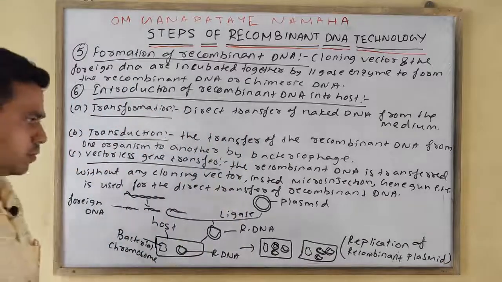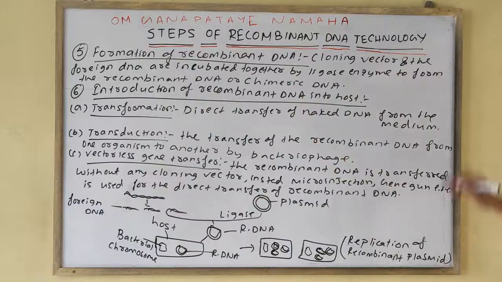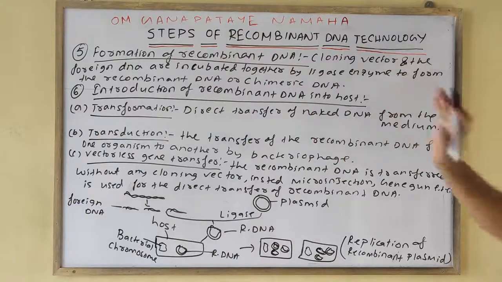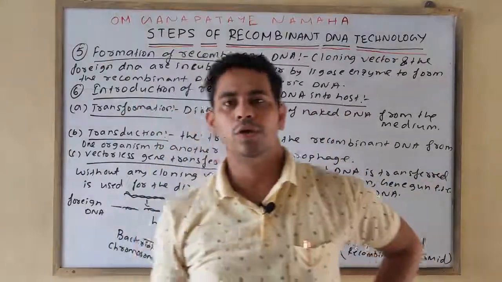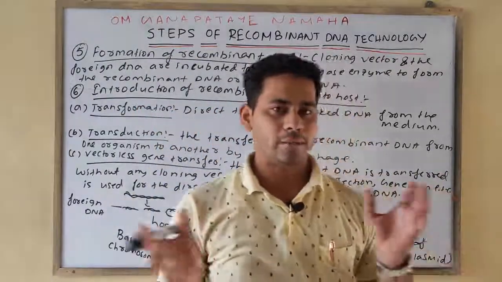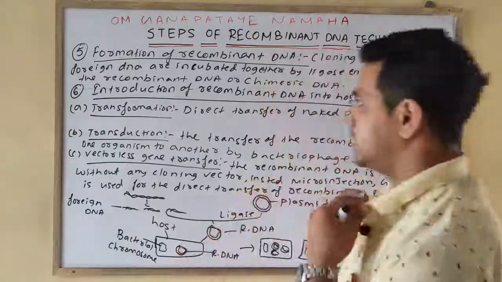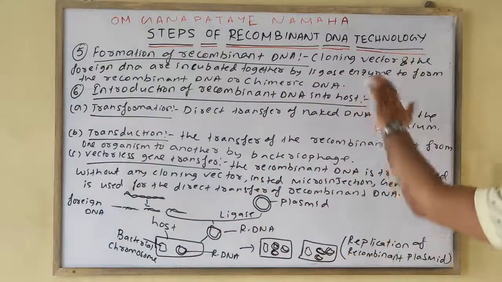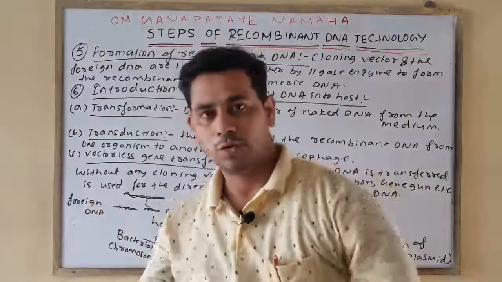Okay, so what have we studied as of now? The first one is the formation of recombinant DNA, in which the cloning vector and the foreign DNA are incubated with the help of the ligase enzyme to form the recombinant DNA, or the chimeric DNA. Next, the recombinant DNA will be transferred into the host.